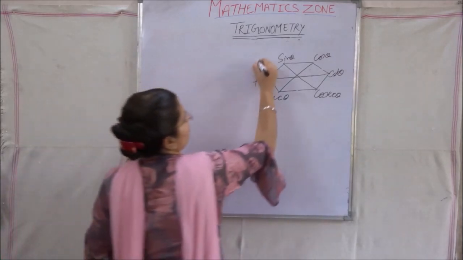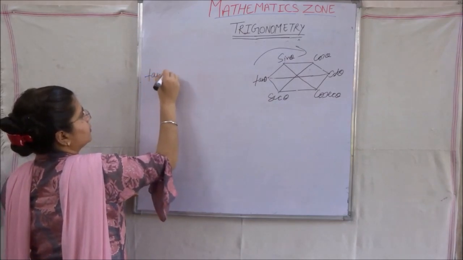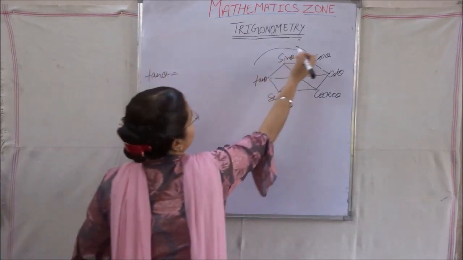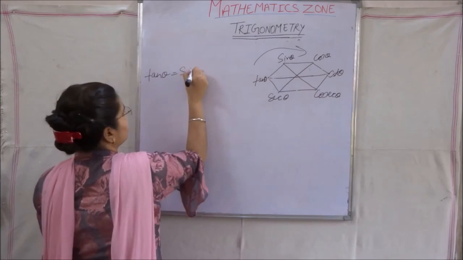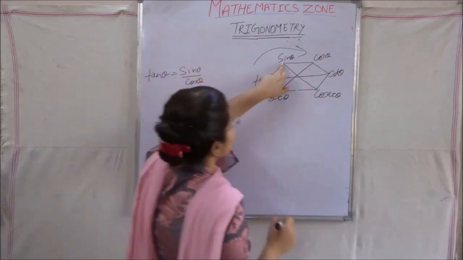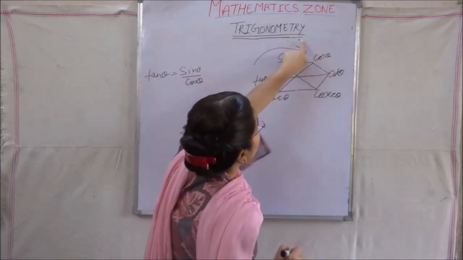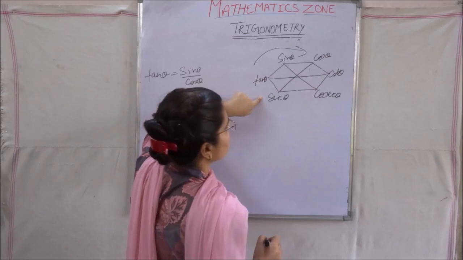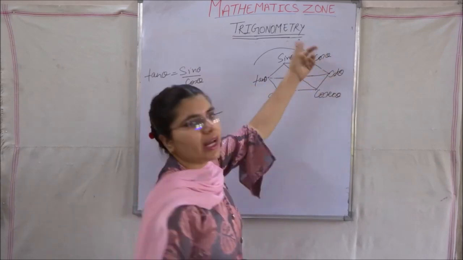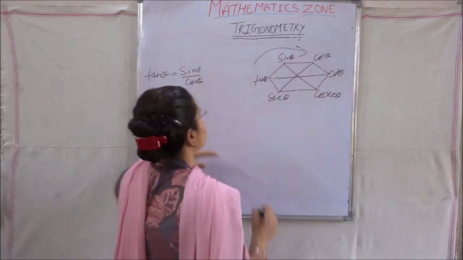First of all, we will move in a clockwise direction. So tan theta will be sin theta upon cos theta. Sin theta will be cos theta upon cot theta. So we will move in a clockwise direction firstly, after that we will move in an anti-clockwise direction and we will derive the formulas.